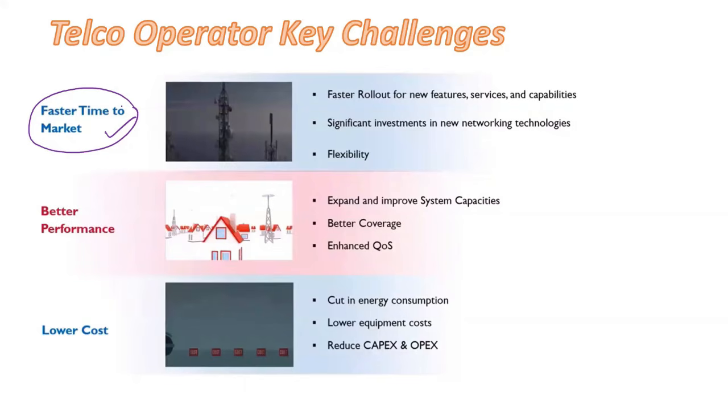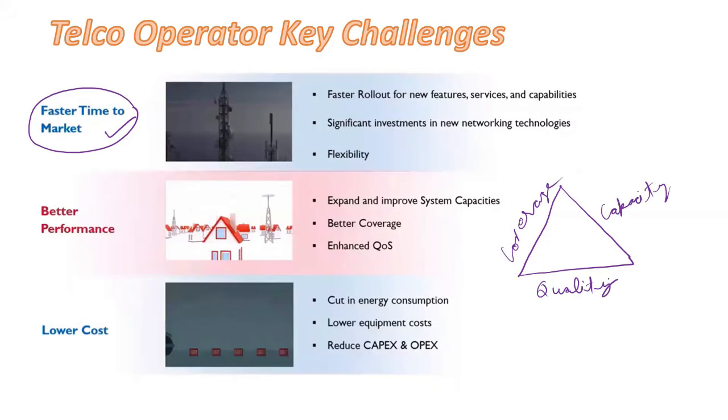So there is a triangle. You know this triangle very well, right? In telecom, we are dependent on this triangle. If you write it here like this, one is coverage, then we have capacity, and then we have quality, right? These three you are balancing if you are a radio network design engineer. Even though you have good coverage, if capacity is not enough, then your network design is not good.